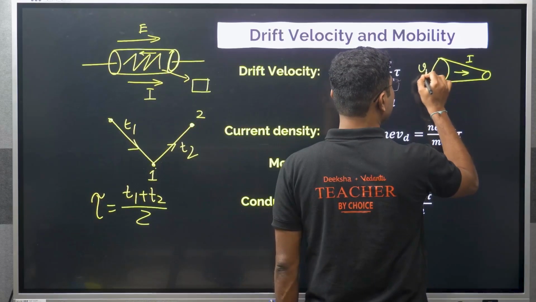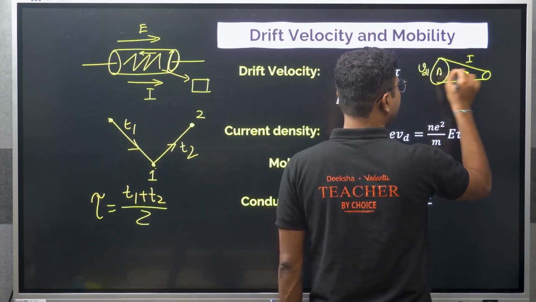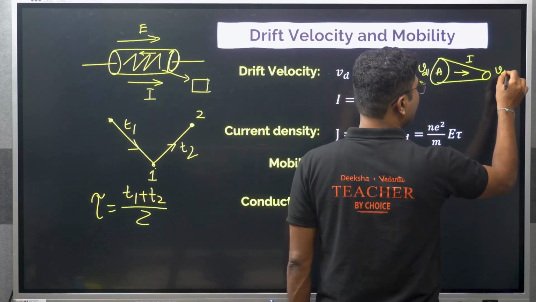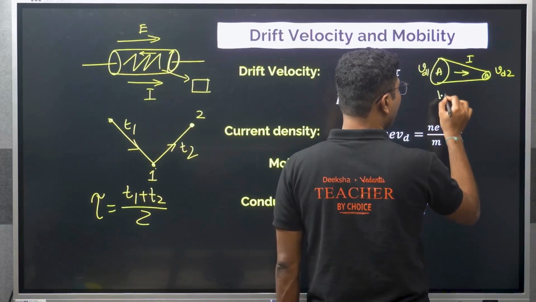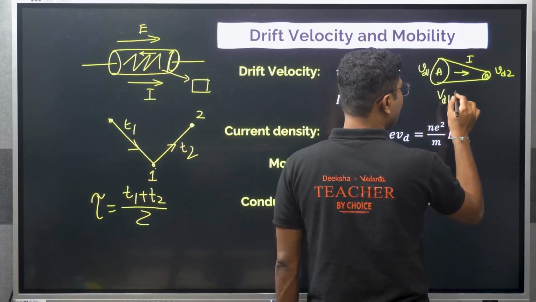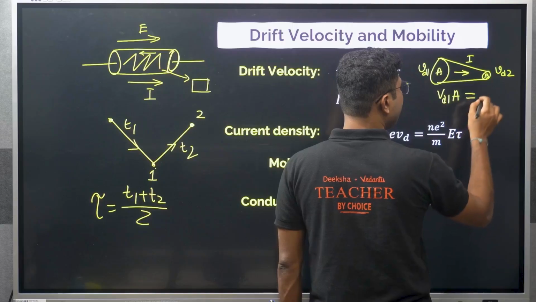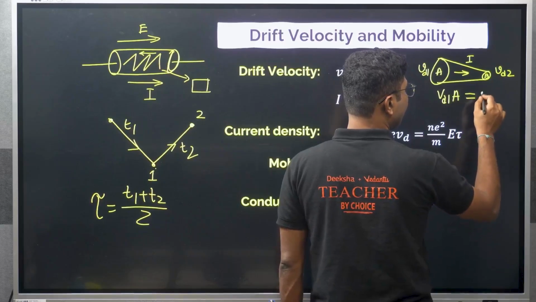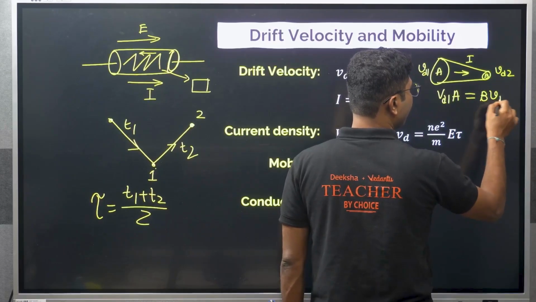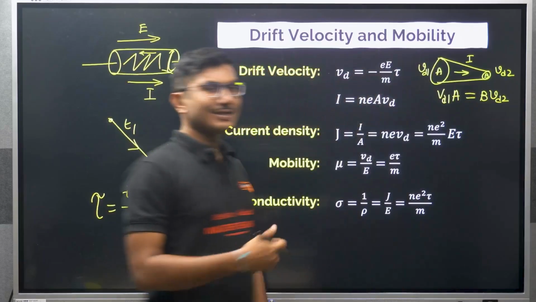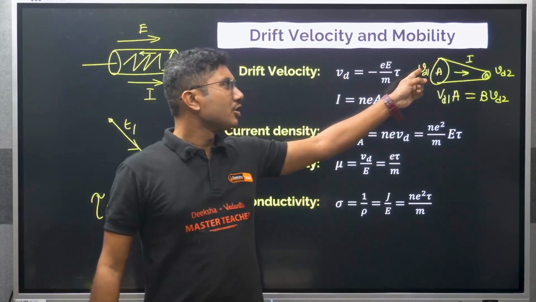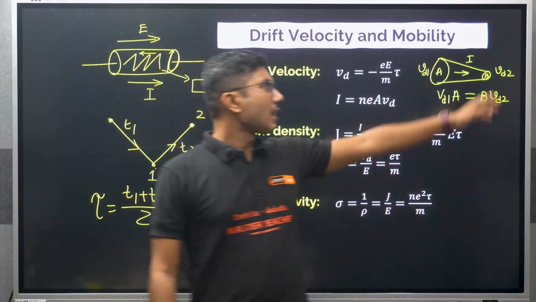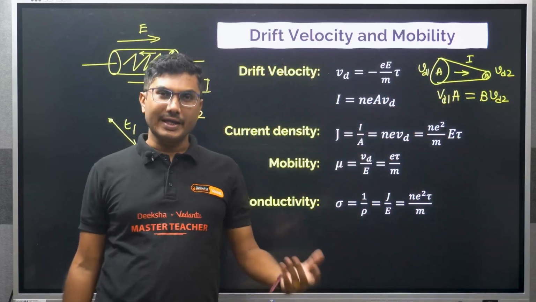Suppose this is Vd1 with area A, and this is Vd2 with area B. Then, like the equation of continuity that you studied in class 11th, Vd1 A = B Vd2. So the drift velocity will adjust itself based on the surface area. The higher the surface area, the smaller the drift velocity; the smaller the surface area, the higher the drift velocity.